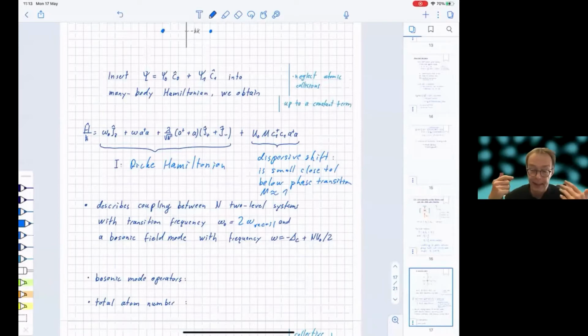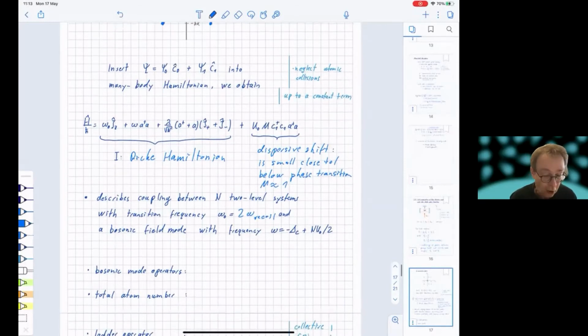And here, if you choose the energy difference of your two-level system really small, which here that's in the few kilohertz range, then you need a fairly weak coupling, again in the few kilohertz, to get into the regime of this phase transition.